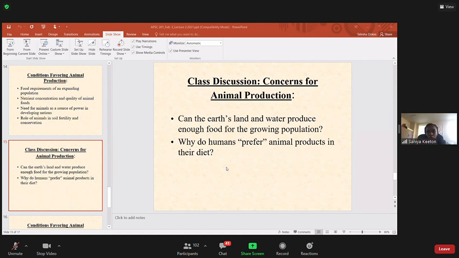Is this where the 2050 challenge comes from? Right, so this is the 2050 challenge. Our challenge by 2050 is to be able to double the amount of food that we produce from the time the 2050 challenge was first established, around 2010, to 2050, because the amount of food that we need to produce is double.